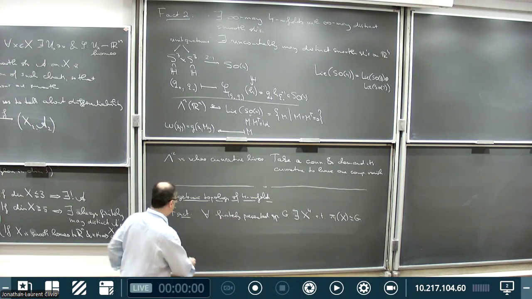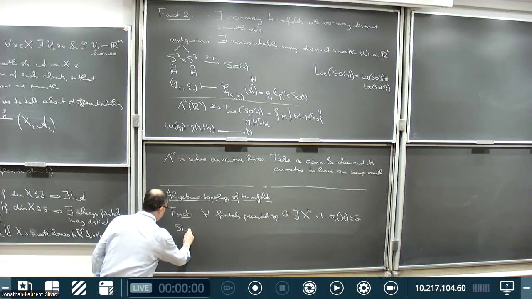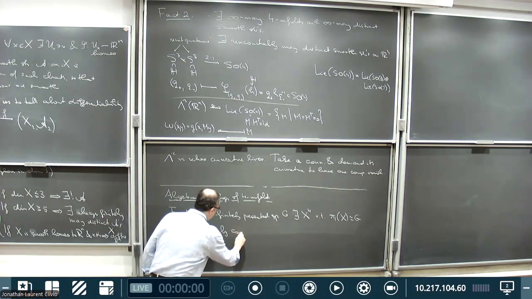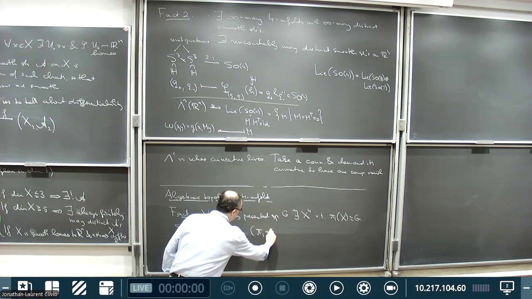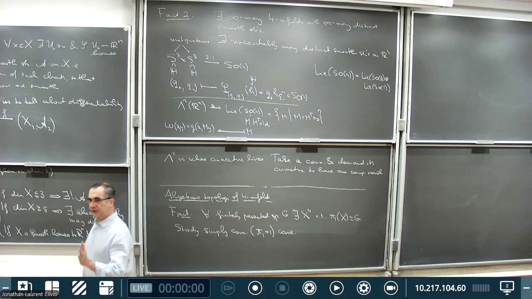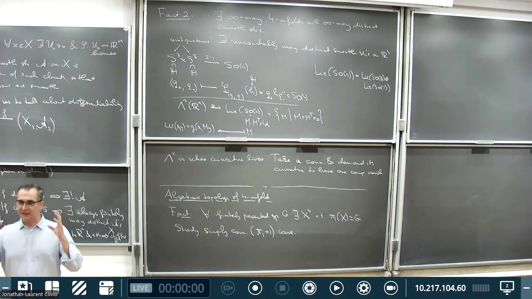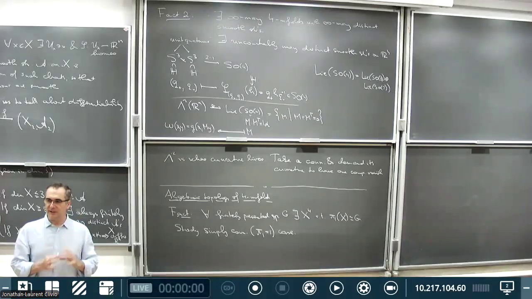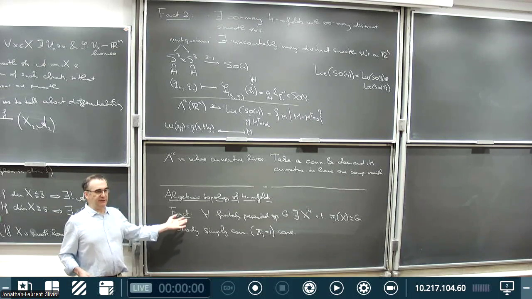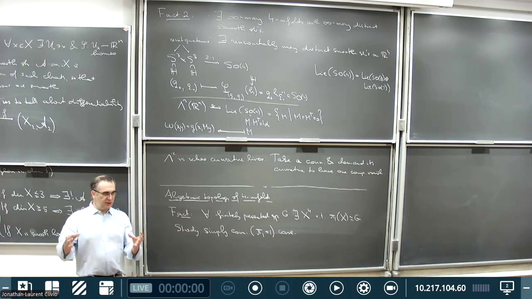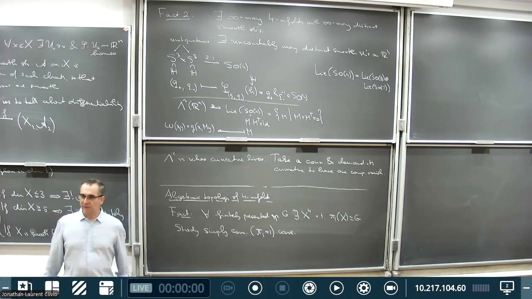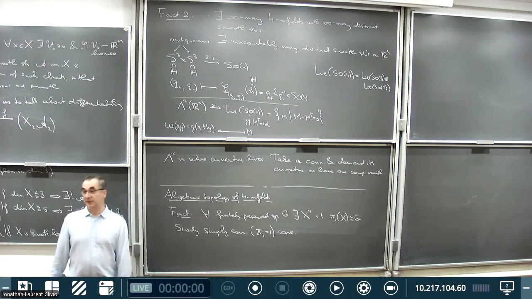For example, we can assume that X is simply connected. So the π1 equals 1 case. This is very restrictive in dimension 2. We know that there is only one closed two-dimensional simply connected manifold, the sphere. It's also very restrictive in dimension 3, because there is a unique manifold with that property, but it provides a very rich family of examples in dimension 4.